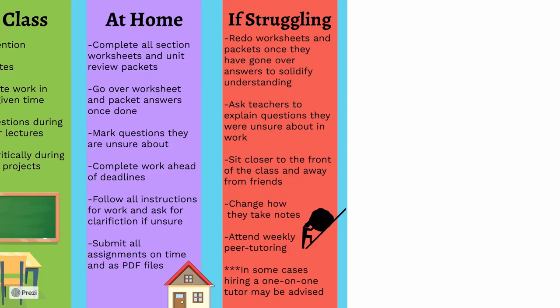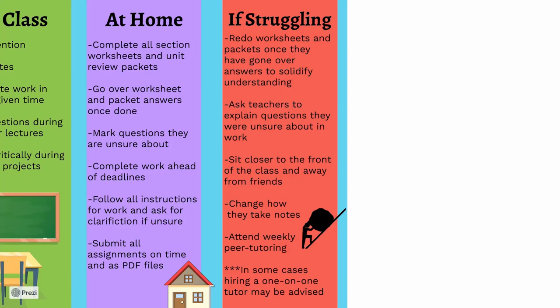If a student is really struggling, one of the things that we will often suggest is that they attend the peer tutoring that happens weekly at the school and is put together by the National Honor Society. During this peer tutoring, the student will be paired up with an older student for an hour who has already taken the course and gotten good grades in order to receive some one-on-one tutoring from that peer.